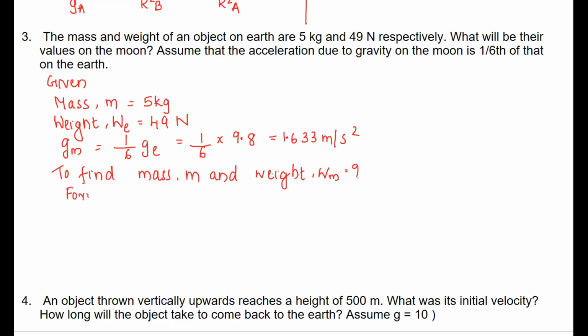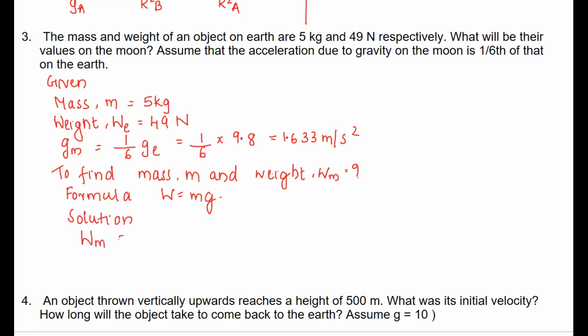Formula for weight is W is equal to mg. Okay, solution. We know that mass remains the same everywhere, so there will not be any change for mass. Mass will be 5 kg on moon also.